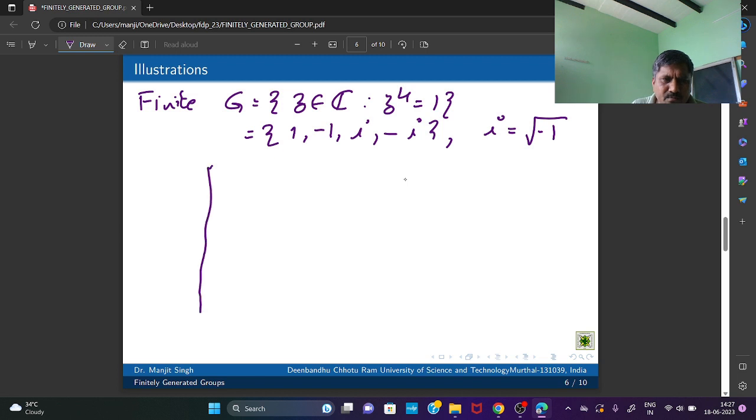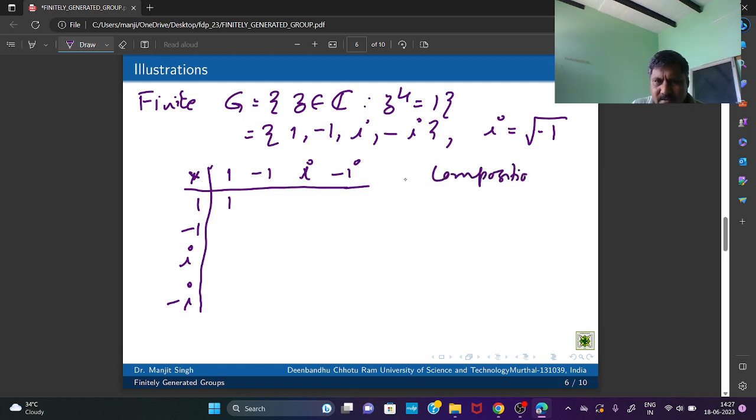We can make a composition table of this group: 1, minus 1, iota, minus iota. It is useful for a finite group with small order. The complex product denotes the binary operation of two complex numbers, and this is called the composition table.